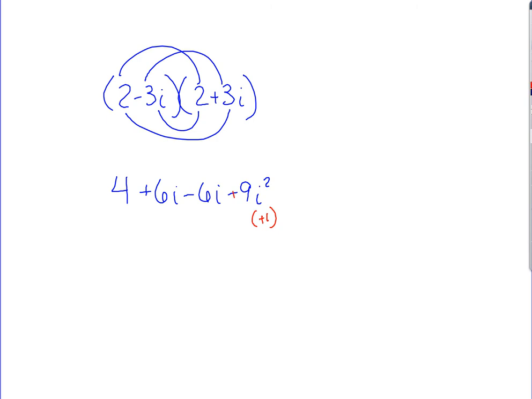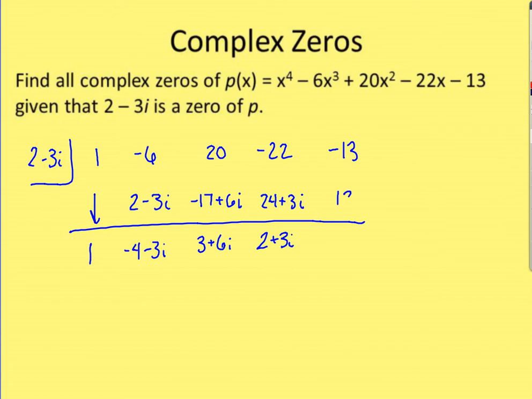So 4 plus 9 gives us 13. Negative 6i and positive 6i is just 0. So if we plug this back into our synthetic, this is negative 13 plus 13, which gives us 0. So that 2 minus 3i is a 0. We have factored it down a little bit. Now remember, if that is a 0, 2 plus 3i will also be a 0. And we can just use our quotient from our first division.